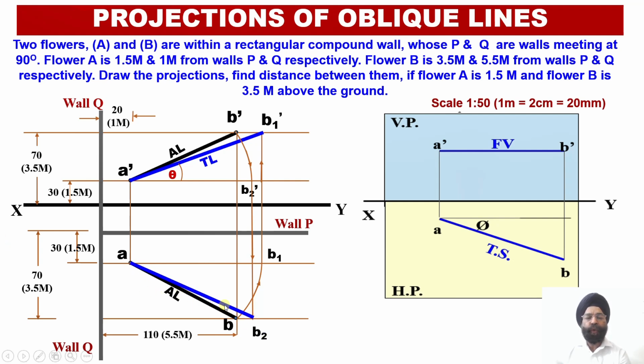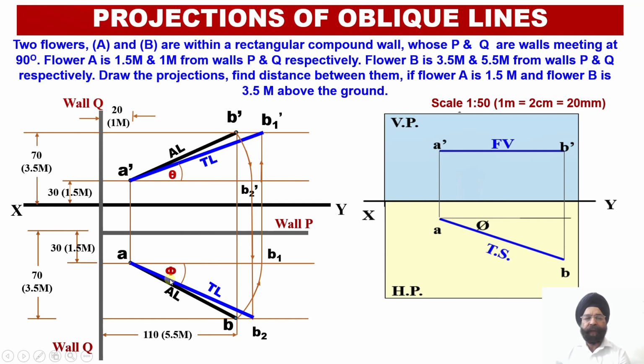Again we have used blue color because this is the true length, and once we mark the true length over here, the true inclination of this true length in the plan with respect to the vertical plane has also been evaluated. So with this we have been able to evaluate the true length of the line in the elevation, that is A dash B1 dash, alongside its inclination with the horizontal plane.